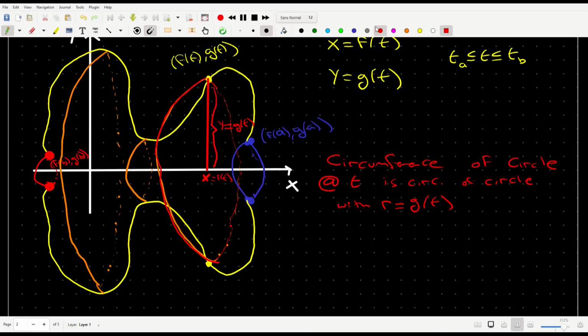Now it's important that I also make some assumptions here about our curve. I don't want to have the curve looping down into the negative y plane, and I don't want to have the curve repeating itself at all. Otherwise I'm going to be double counting the area. So in order to get the formula that I'm about to derive, we need to have y greater than or equal to 0, and on this interval t from ta to tb, the curve does not repeat itself.